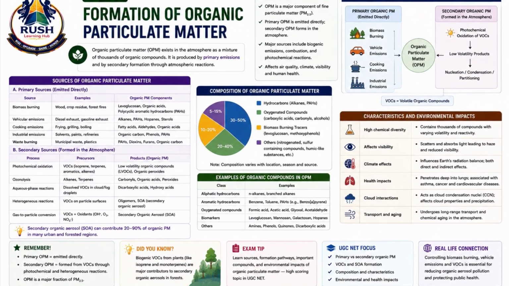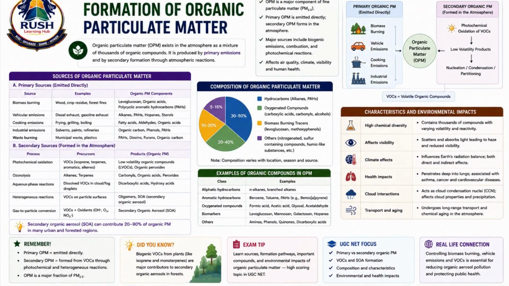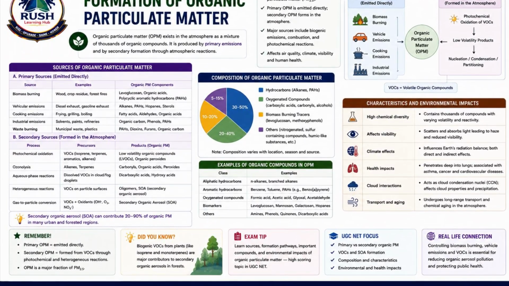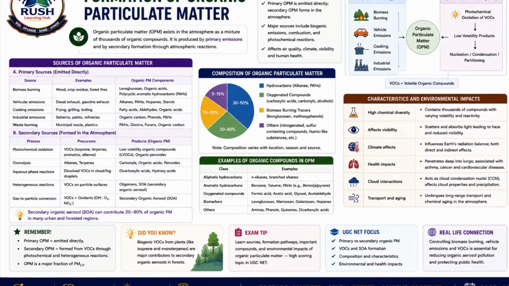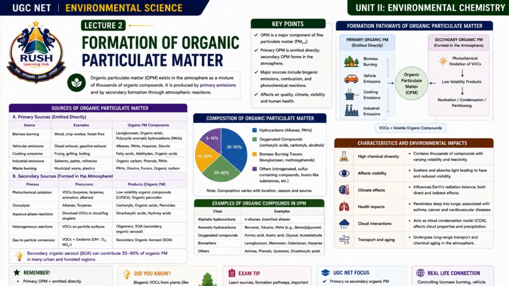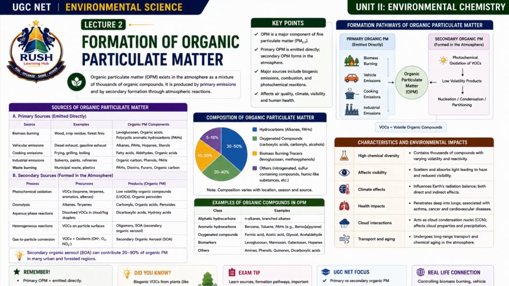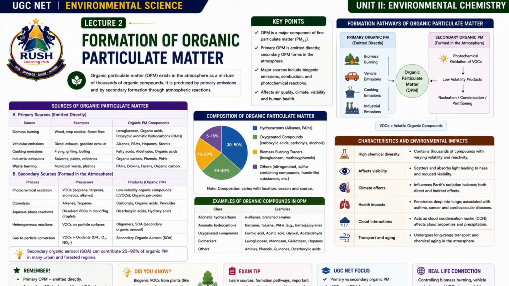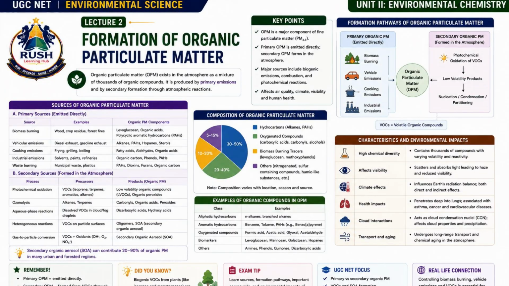Now let's discuss the environmental significance of organic particulate matter. The first impact is air quality degradation. Organic particles contribute substantially to fine particulate pollution in urban and industrial areas. The second impact is visibility reduction.